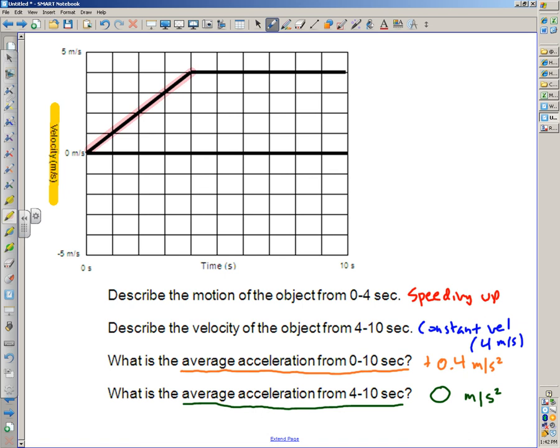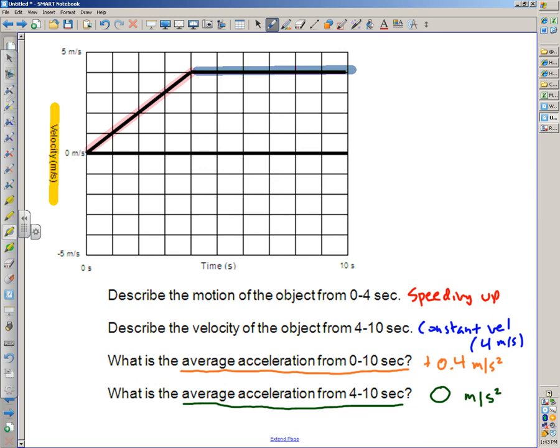It's gradually increasing. It starts off at rest, 0 meters per second, and then the y values of this graph keep increasing until we get to there. But then, from this point forward, what do we see about the velocity of that object? Constant. It remains constant. It does not change. Does that mean it's not moving? No, it's moving. It's just not speeding up or slowing down.